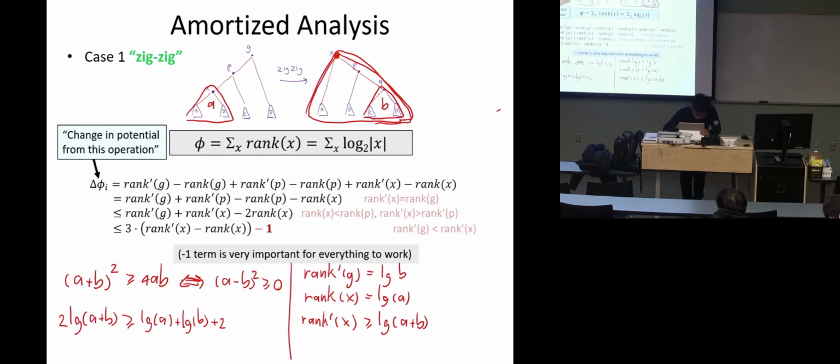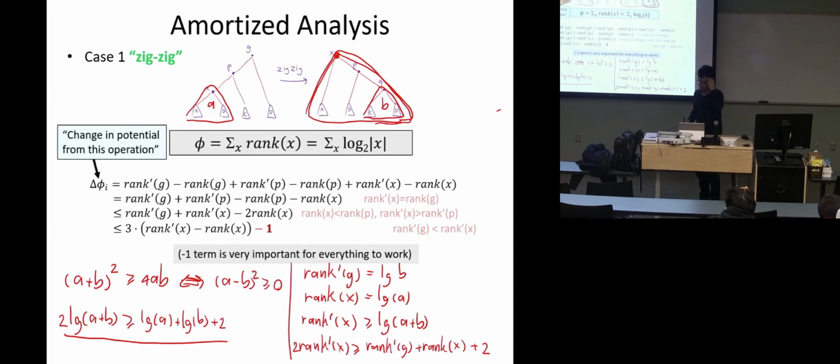But now, using this thing, it means that 2 times rank prime of X is at least rank G plus rank X plus 2. Now you use this inequality and combine it with this guy.